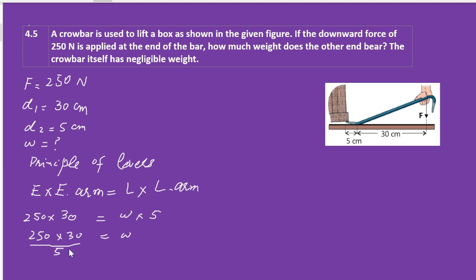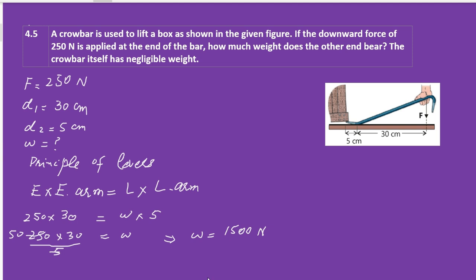By cancelling this, 5 fives are 25, and 50 with 30, it will give us 1500 Newton load that can be lifted with the help of 250 Newton force, which is acting in the downward direction, and its distance from this fulcrum is 30 centimeters.